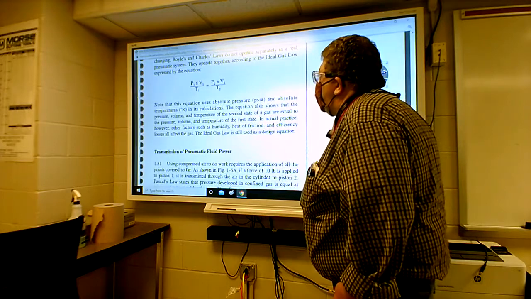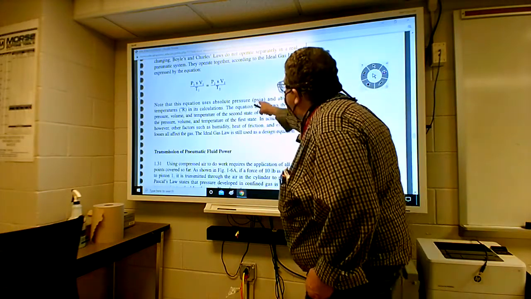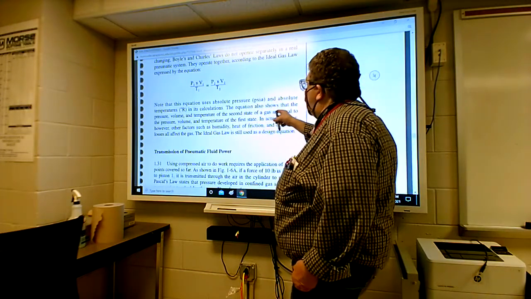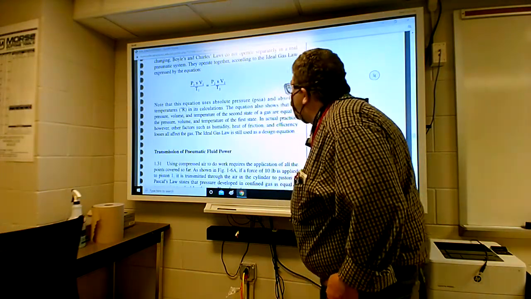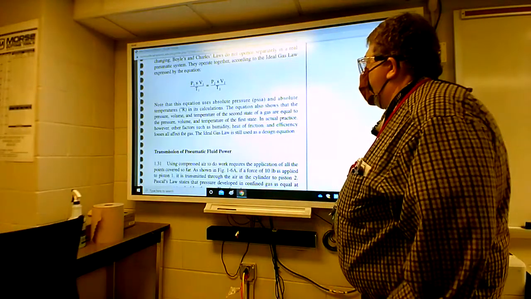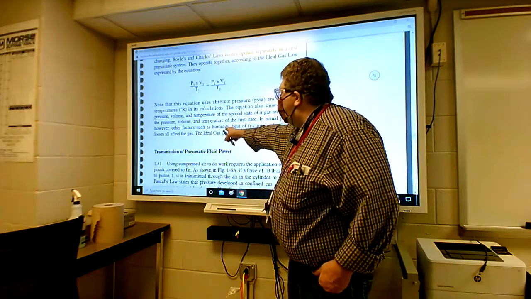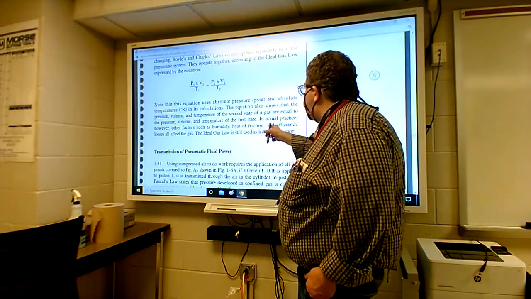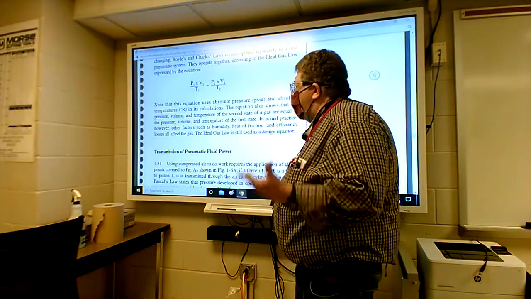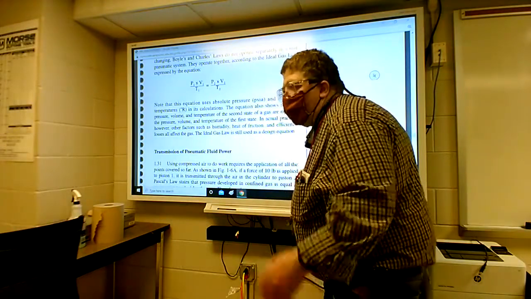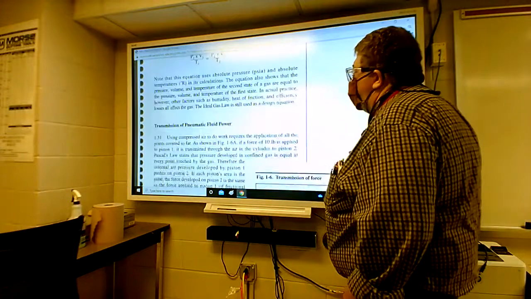Note this equation uses absolute temperature and PSIA in the calculations. But in actual practice, factors like humidity, the heat of friction and efficiency losses affect all gases, but they still use the ideal gas law for calculating.